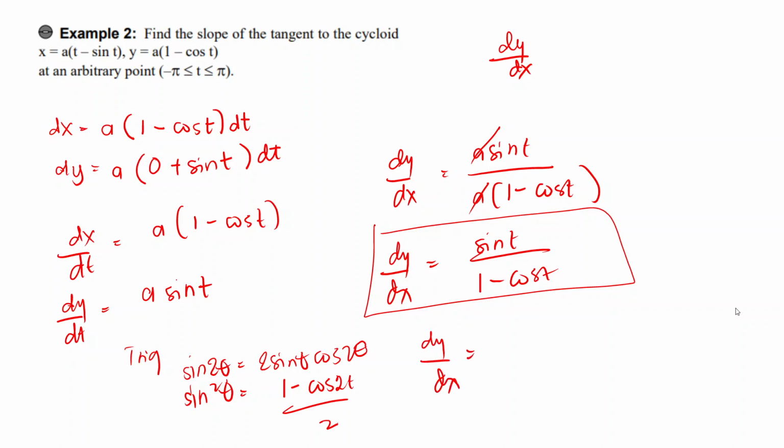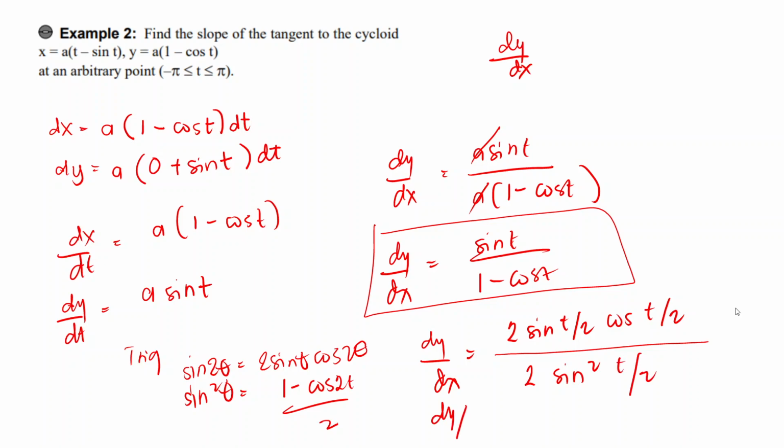Okay, for sine t, we divide the angle by 2 since it is a half angle here. So we have 2 sine t over 2 cosine t over 2, all over 2 sine squared t over 2.